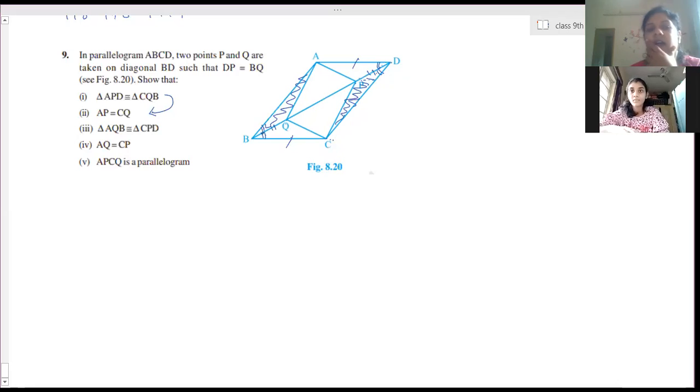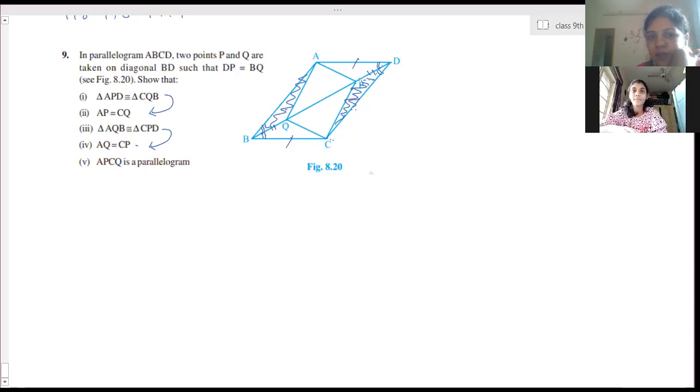Yes, ma'am. And BQ is equal to PD, given. So by SAS criteria, these 2 triangles are congruent. And therefore by CPCT, AQ is equal to CP. From this congruence you have to prove this.